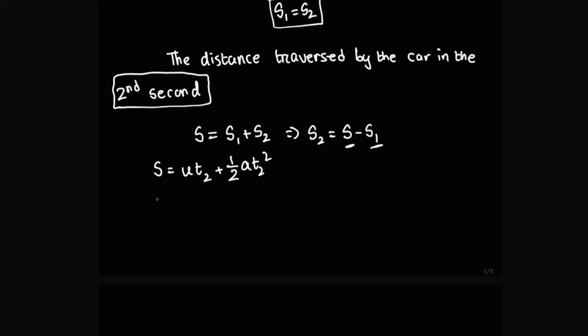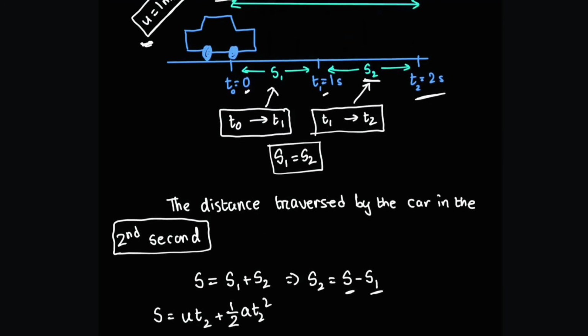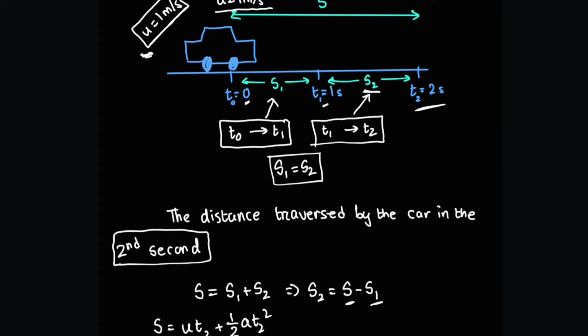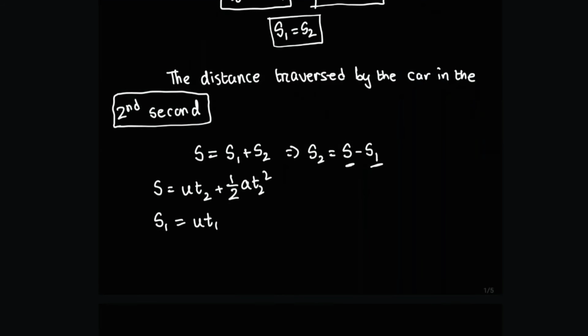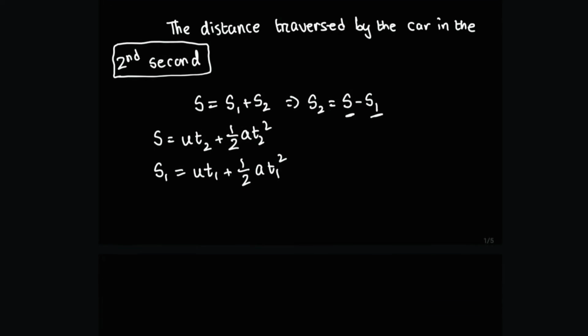And of course, s1 is equal to u times t1, since the car is traversing through a period of 1 second: u t1 plus half times a times t1 squared, right? And just plugging in the values, we can get the expression that describes the distance traversed by the car in s2, or the second.